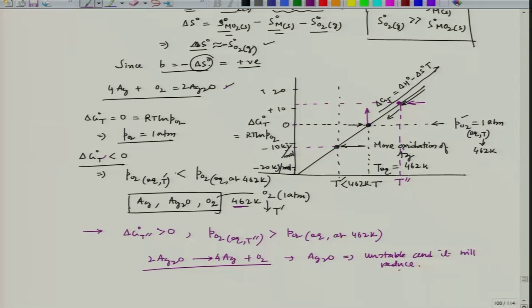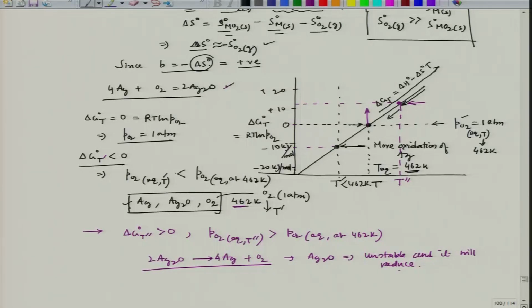So, there are three situations rather. If we have a closed system with these three species and the oxygen partial pressure is 1 atmosphere, the system will reach equilibrium, and that equilibrium temperature is 462. Now, if this equilibrium system is taken to T prime, which is less than 462, the partial pressure of oxygen at T prime is less than 1 atmosphere.